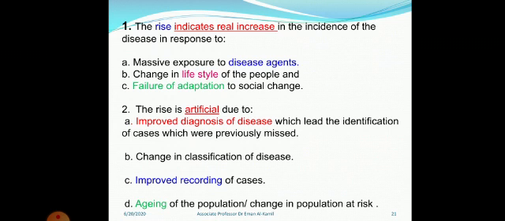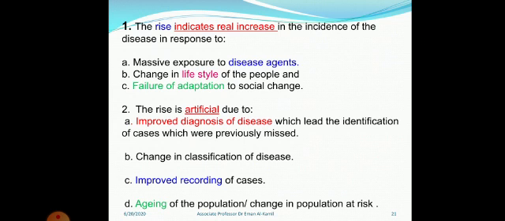The other explanation is an artificial rise in the disease. There is no real increase in the disease, but it could be due to improved diagnosis of disease, which leads to the identification of cases which were previously missed.